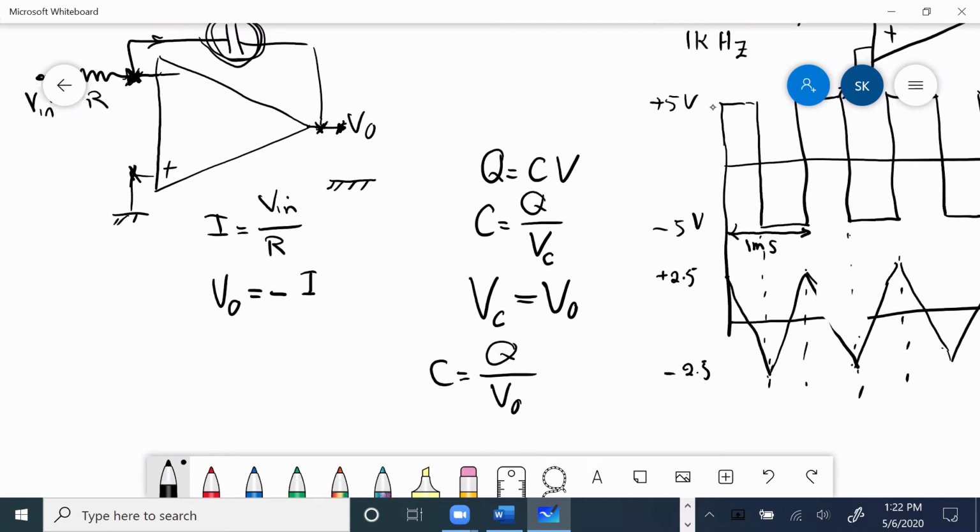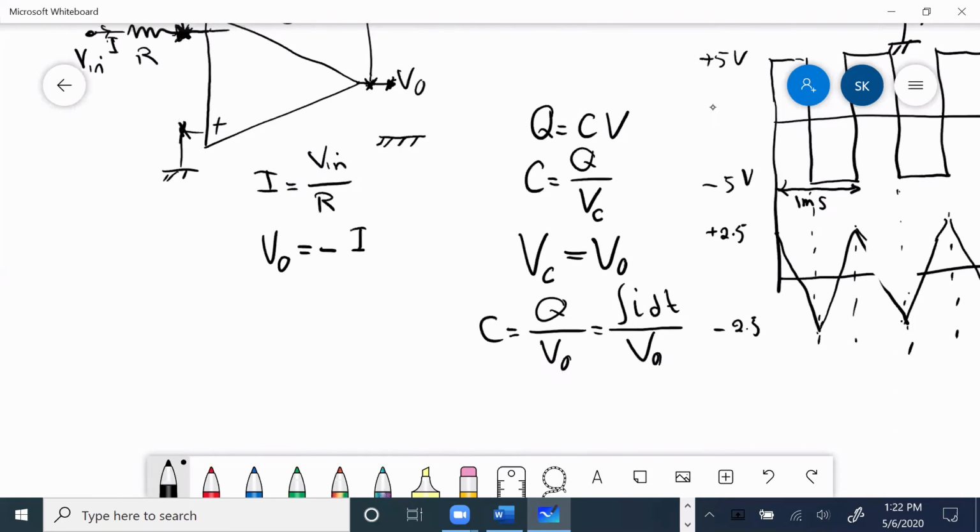And now for Q, I can put the integral of I dt over V out. So V out is minus 1 over RC, integral of I dt.